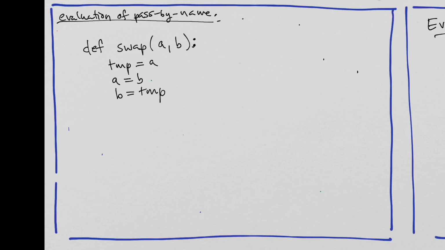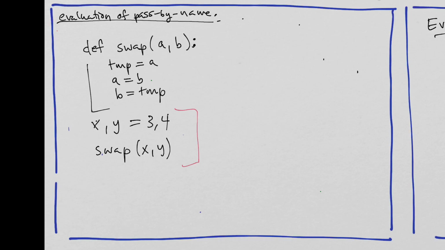And so here's an exercise for you. Let's do x, y = 3, 4, and then swap x and y. If you think about what happens with an in-out mode parameter passing method, and this will work for pass by reference, this will work for pass by copy, and this code here will work for even pass by name.